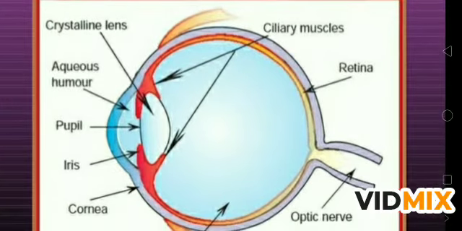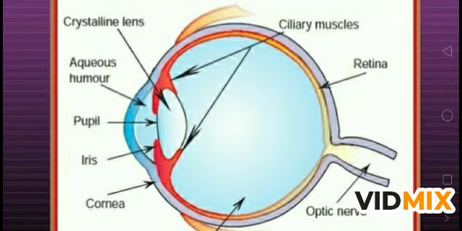This is the section of the human eye. If you see, this is the cross section of the human eye, and the bulging part outside the eye is called cornea. The red color is iris, and then the ciliary muscles. With the help of ciliary muscles, the crystalline lens is attached.